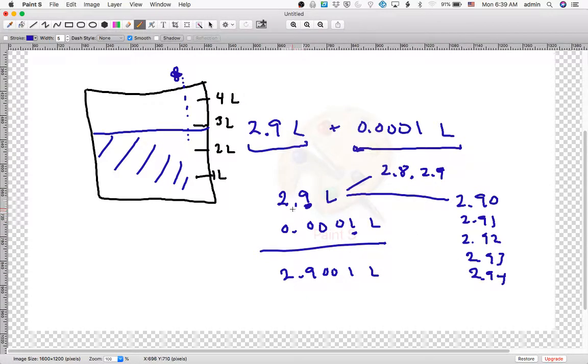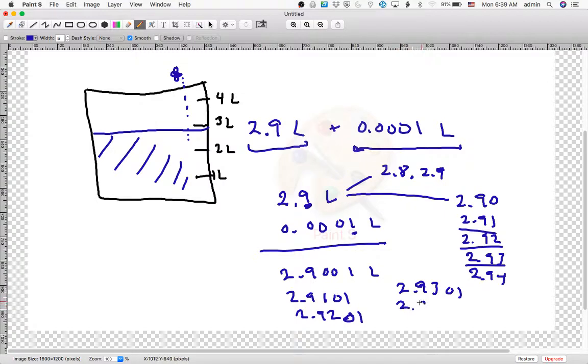When you add 2.9 plus 0.0001, you don't know if it's 2.9101 because maybe this 2.9 really meant 2.91. You don't know if it's 2.9201 because maybe this 2.9 really meant 2.92. You don't know if it's 2.9301 because maybe this 2.9 really meant 2.93.